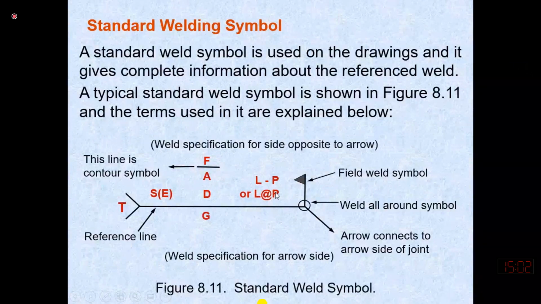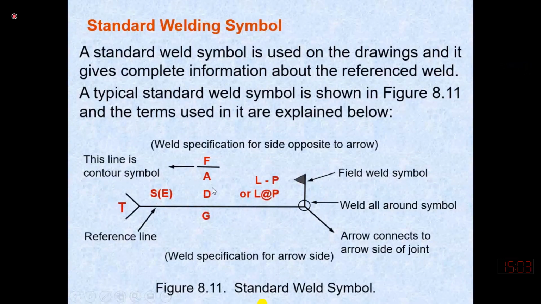Pitch is the center to center distance between two welds. So when we show the weld, first we show the thickness of the weld and the length of the weld.